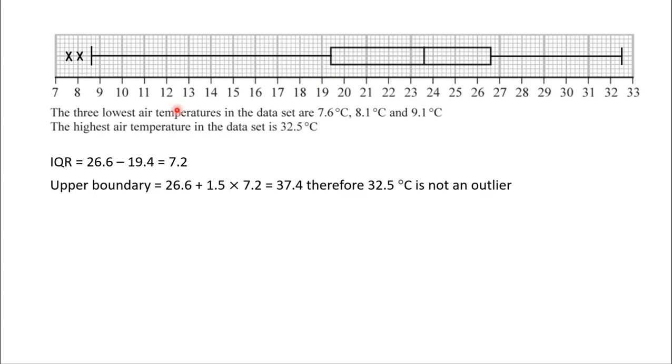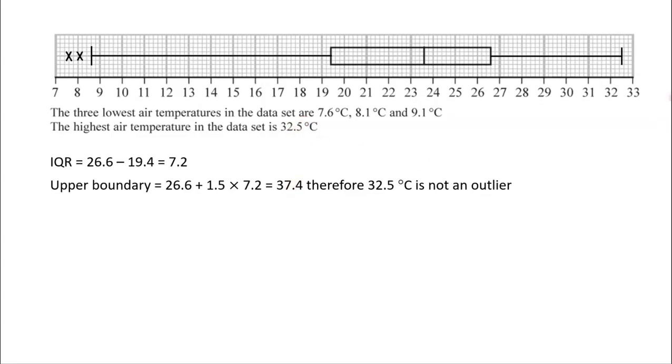Now we can calculate the upper boundary, which is again 1.5 times the interquartile range plus Q3, which will give us 37.4. Because 32, which is the highest air temperature, is smaller than this, it's not an outlier.